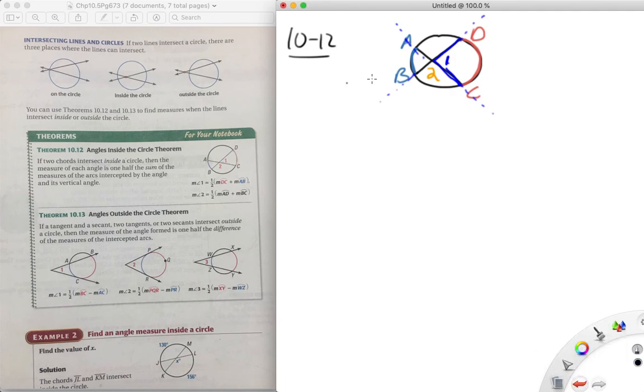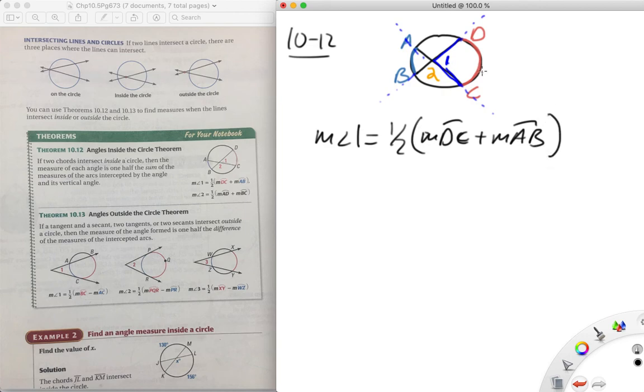So what theorem 10.12 says is that if I want to find angle 1, I'm going to add these 2 arcs. So that's going to be equal to half the measure of the sum of arc DC and arc AB. Okay. We're going to add these 2 guys together and divide it by 2.